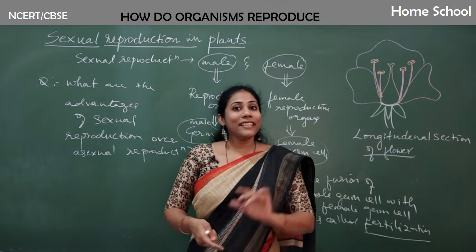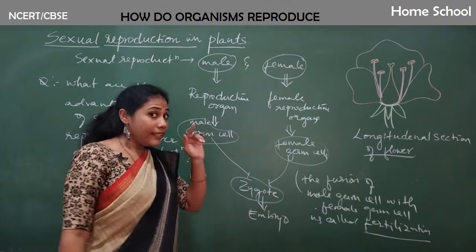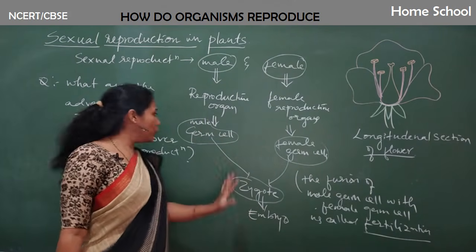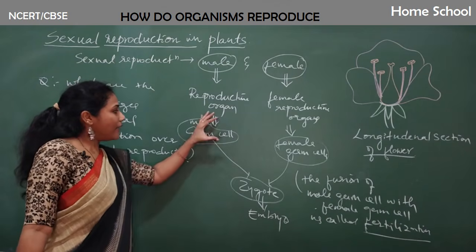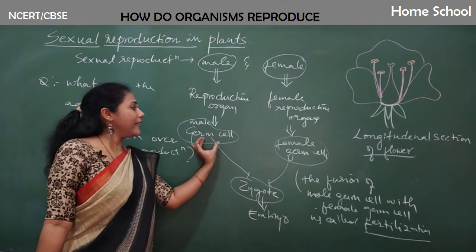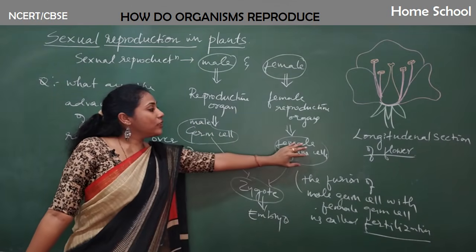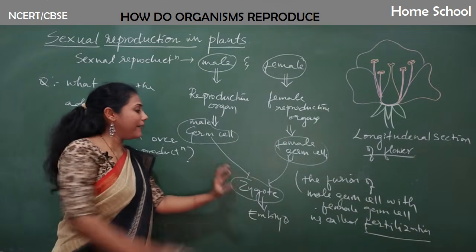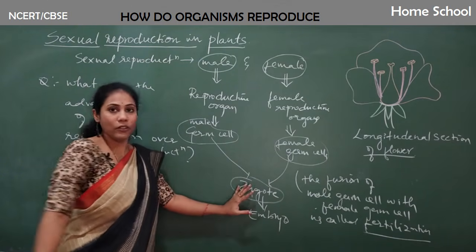But in sexual reproduction, as I told you in the starting video, the DNA of the male germ cell gets copied, and here also the DNA of the mother gets copied. The copies form a cell, they combine and you get a zygote.